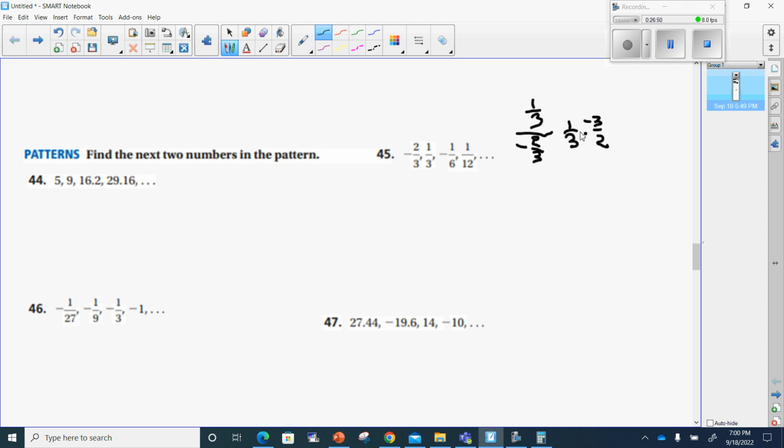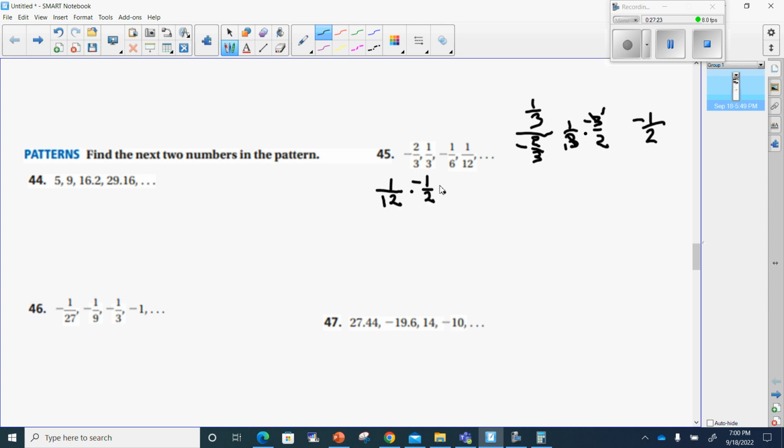Now I can reduce these numbers here. They're both 3, and make them 1, because they're both divisible by 3. 1 times negative 1 is negative 1, and 1 times 2 is a half. Looks like I'm multiplying everything by negative 1/2. So all I have to do, since it says find the next two numbers, is take this 1 over 12 and multiply it by negative 1/2.